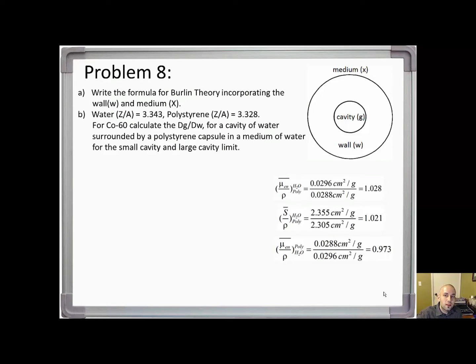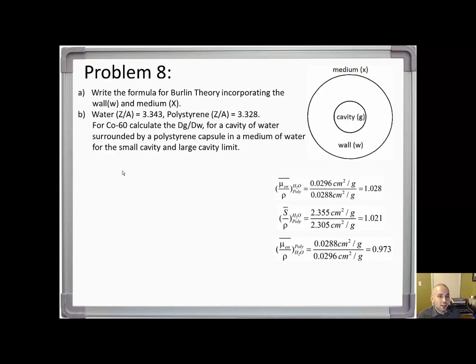So for problem 8, before we were looking at just the cavity in the medium, or cavity in a wall. In problem 8, we're going to look at a calculation that involves a medium X, a wall W, and a cavity G. For part A first, write down what the formula for Burlin theory would look like if you're incorporating the cavity, the wall, and the medium.